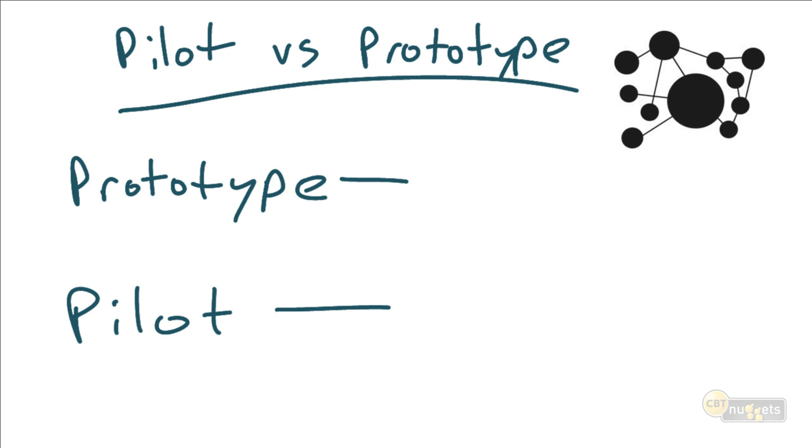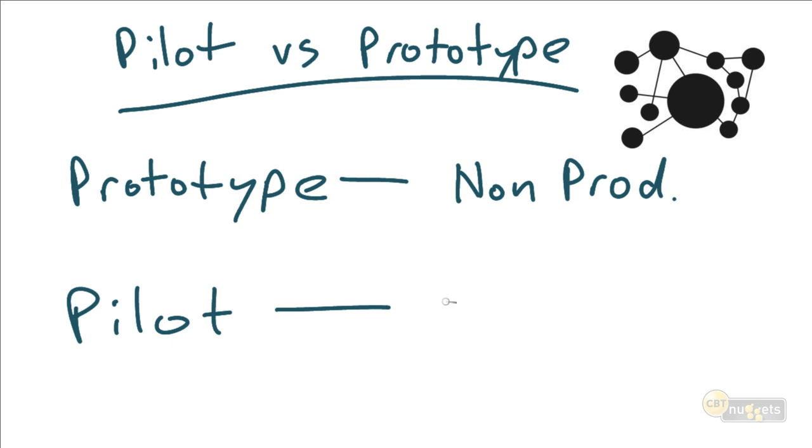Now, for the CCDA exam, it is imperative that you understand the not so subtle difference between these two entities. With a prototype, you build and prove your concept in the non-production network. So you go to your own network and you build a prototype of what you want to do for them, and you make sure your design works.